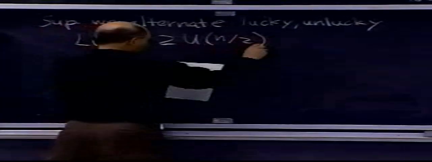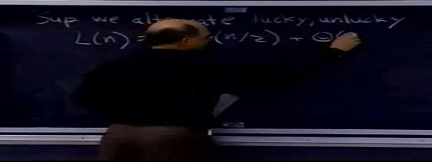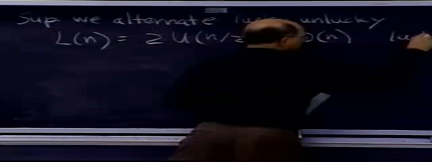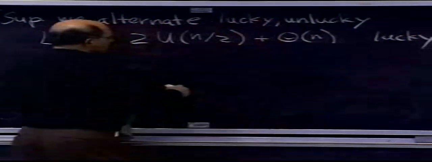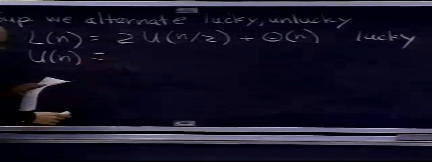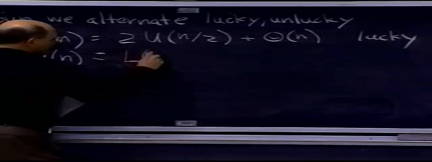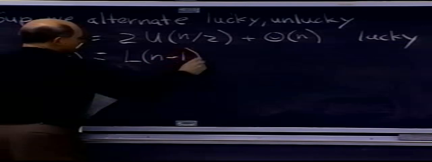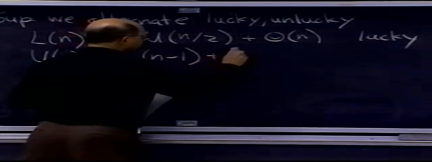Okay, so suppose we alternate. We can write a recurrence. The lucky levels, L of n, is twice the cost of doing unlucky at n over 2, plus theta of n. So this is a lucky level. And then at an unlucky level, we end up getting a lucky at the next level of n minus 1, plus theta of n.